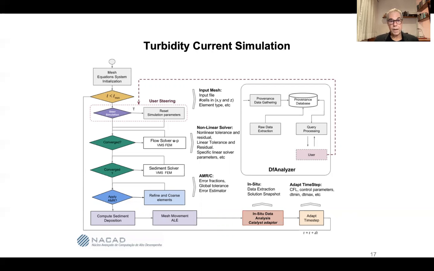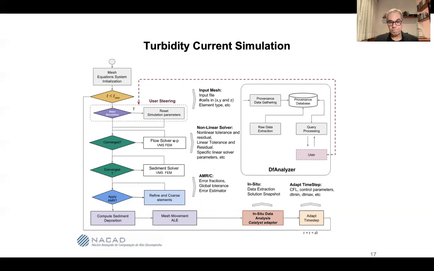Every time we are annotating in the database, possibly for steering the simulation, data like number of cells, element type, etc. Data for the nonlinear solver, nonlinear tolerance, residual, linear tolerance, specifying what kind of solver parameters we are using. And then we are also annotating the database with data for the adaptive mesh refinement and coarsening, like error fraction, global tolerance, error estimator.